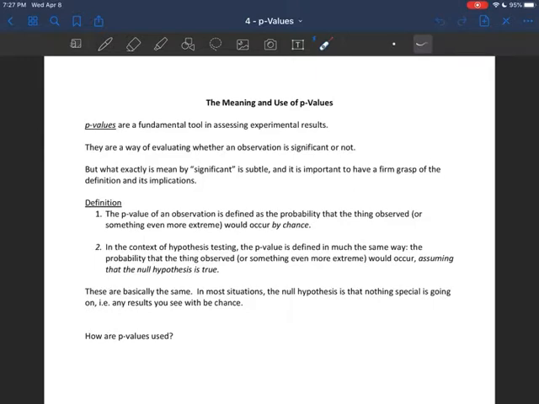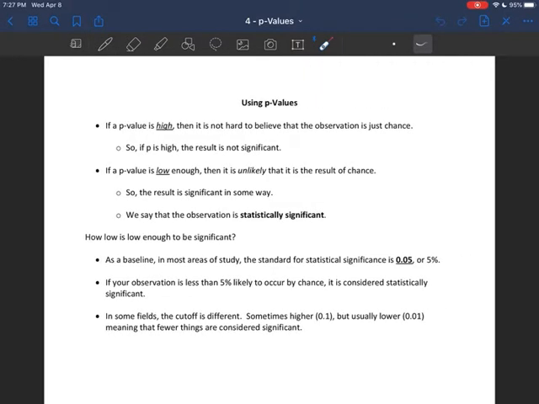If it happens by chance, we shouldn't consider it significant, right? Because it's meaningless. It's just a thing that happened randomly. So we don't want to assign significance to things that have a high p-value, a high probability of occurring by chance. Instead, we want to assign significance to things that have low p-values. Okay, so how are we going to use this thing?